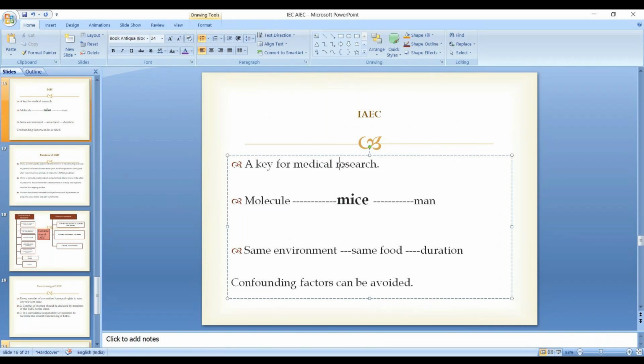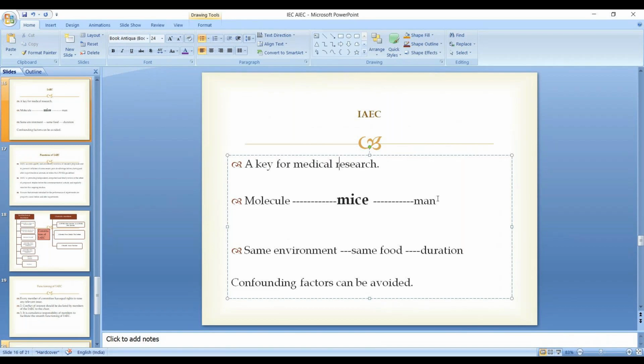Why are they so important? We cannot directly apply the new molecule on man. So mice and all the animals have to be very significant in medical research.